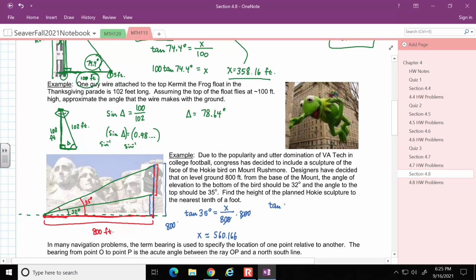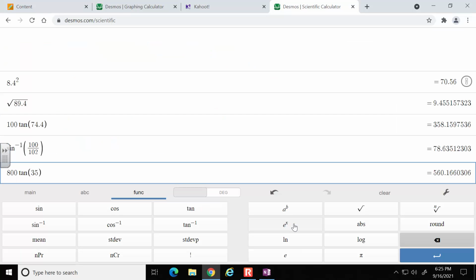I'm going to take the tangent of 32 degrees equals, we'll call that y over the same base, 800. Figure out what y is. That should be 800 times the tangent of 32, which is 499.895.